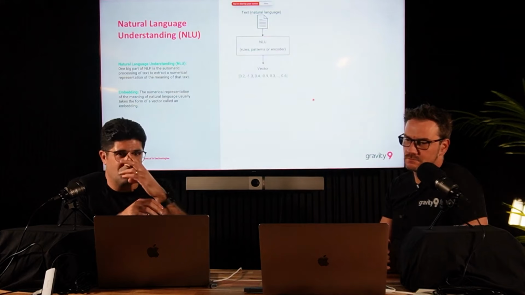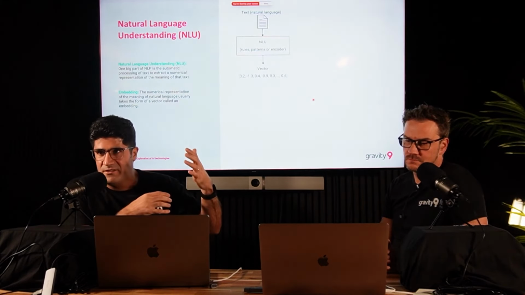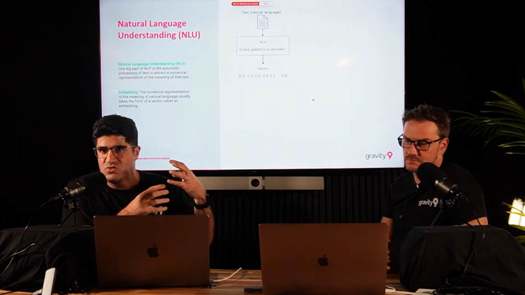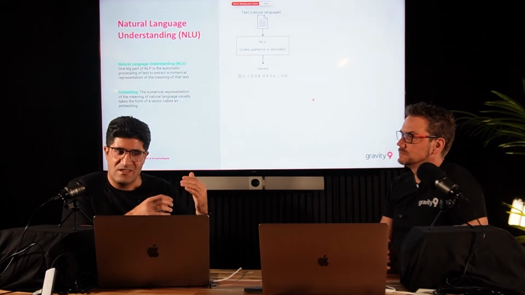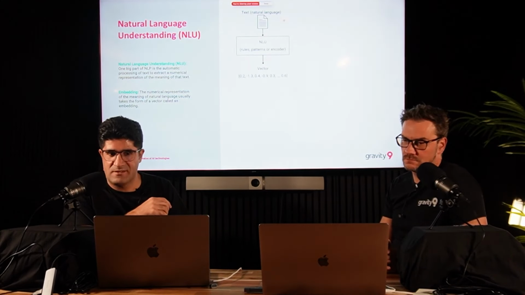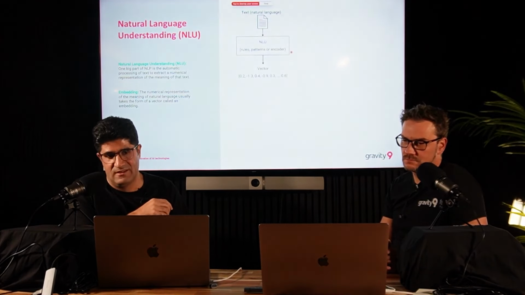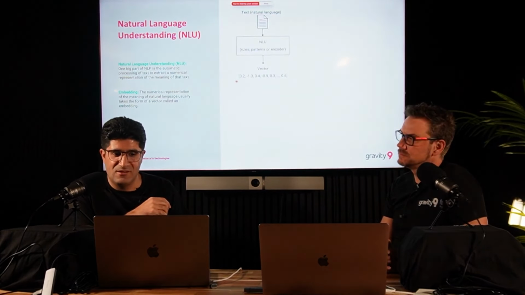So to create a system that can understand our language, we need to convert the language to numbers. We call this process embedding. In fact, we have some sort of AI models that take the text as an input, for example in this case, and they create numbers.